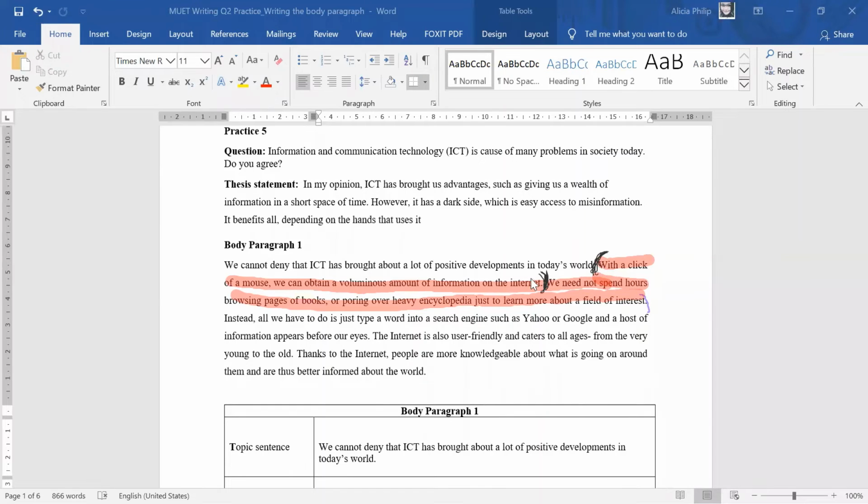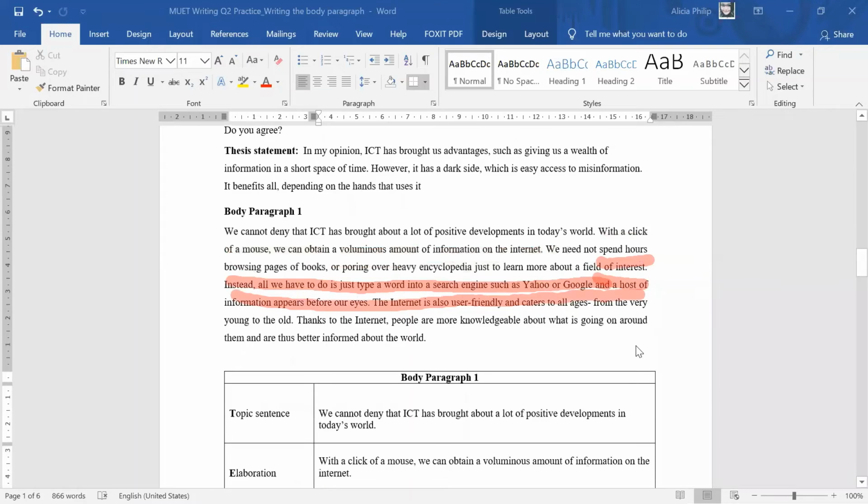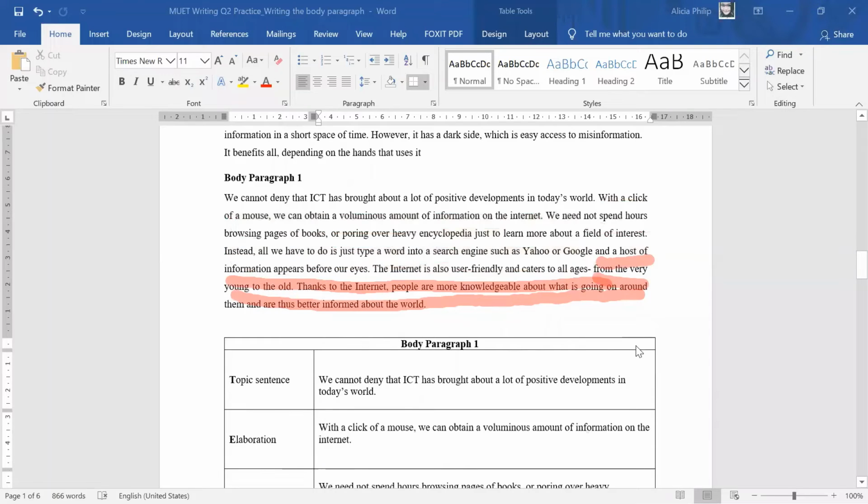Okay, the one in black. Who highlighted this? This is the elaboration. Okay, Hazim. Yes, Hazim's answer is correct. With a click of a mouse, we can obtain voluminous amount of information on the internet.